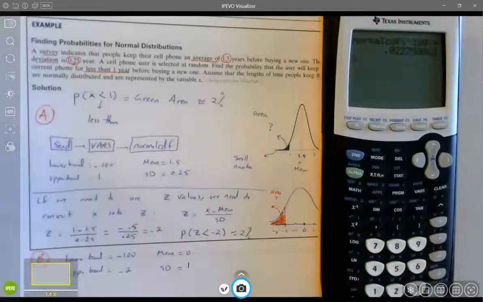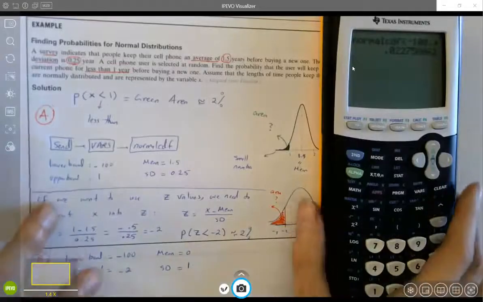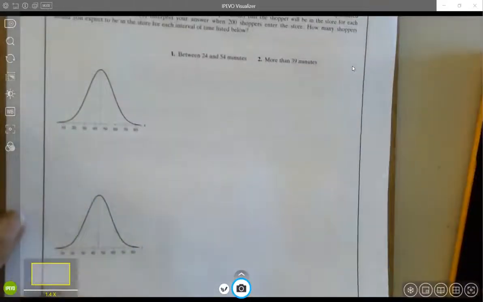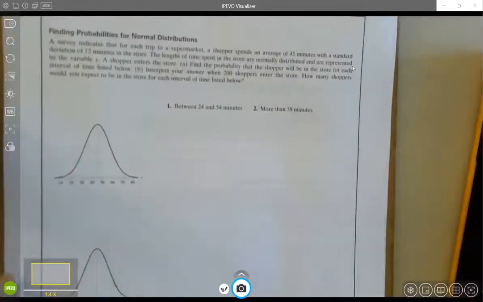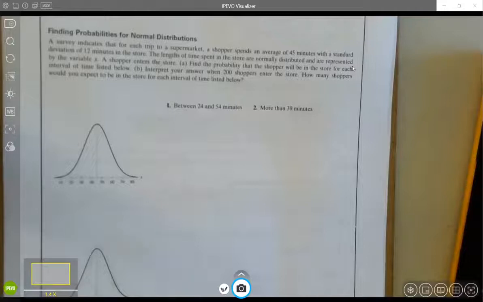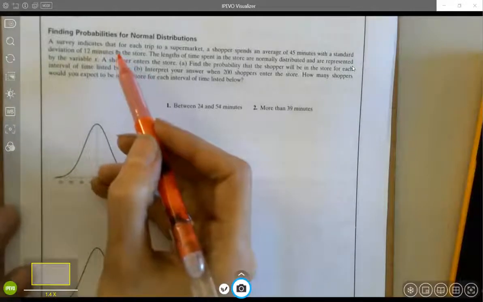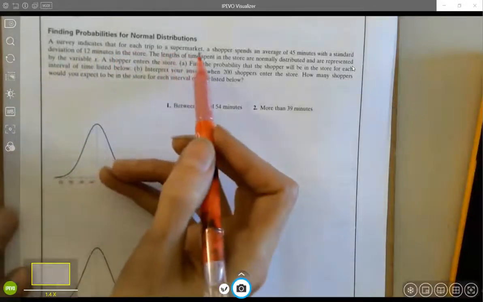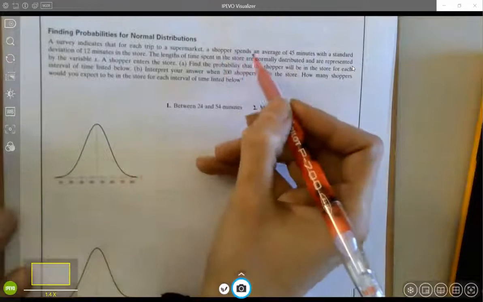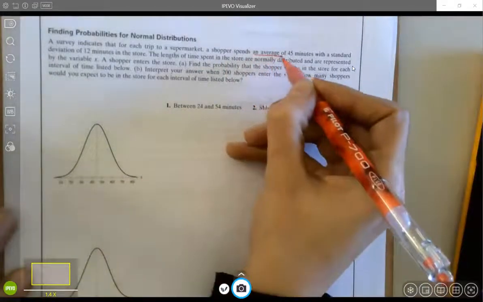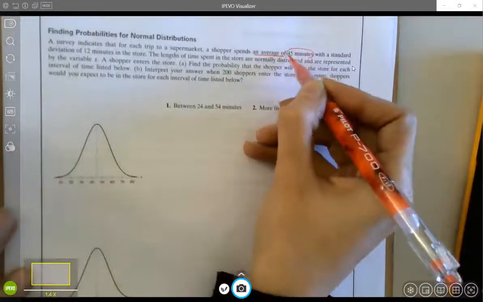Let's go over another example together. On page 2, we have this example. The example says a survey indicates that for each trip to a supermarket, a shopper spends an average of 45 minutes.